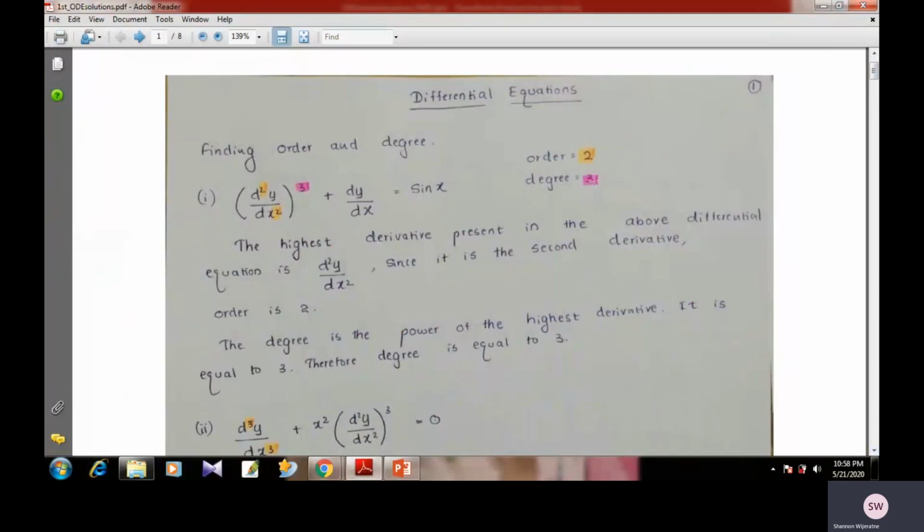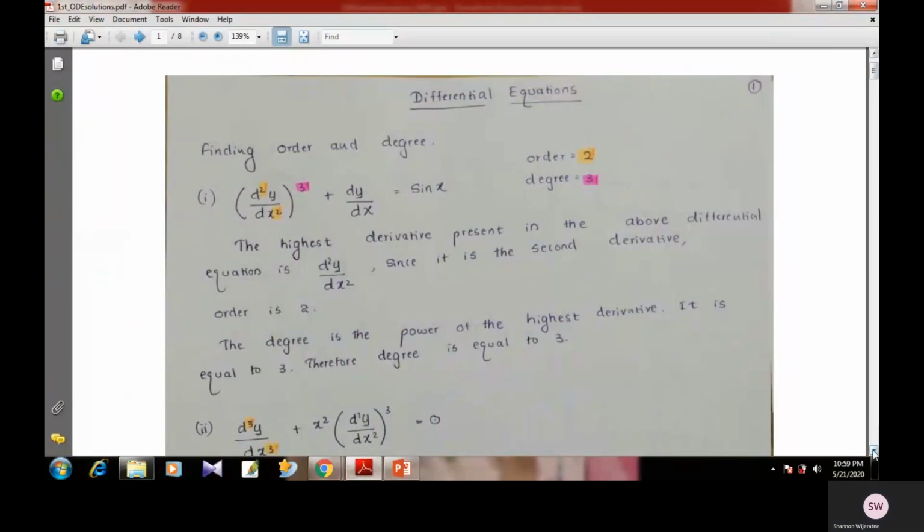Or we can say this is a second order differential equation. Then what about the degree? Degree is the power of the highest order derivative. The power of the second derivative is equal to 3. So we say the degree of this differential equation is equal to 3.